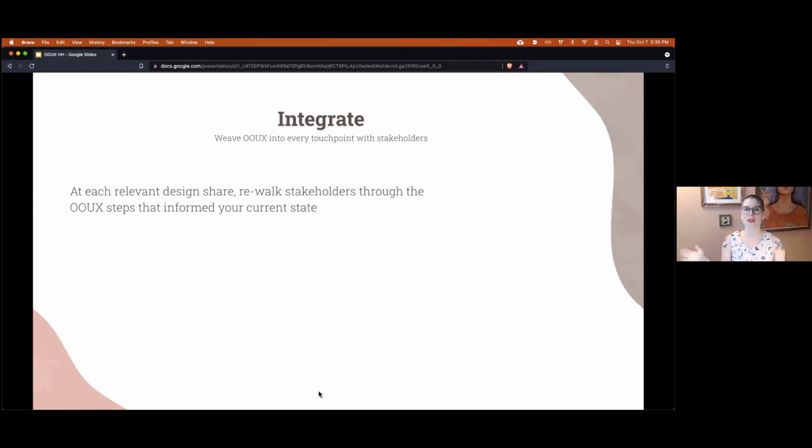That's not to say that you have to rehash everything that you've done, but really succinctly saying what OOUX is, why it's important, maybe your core objects, and then how OOUX informed the designs that you're looking at today. That can help to make it stick even more.